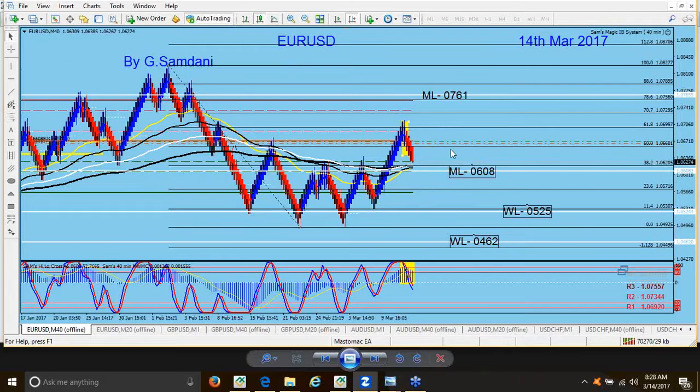You sit on a break even and just watch, just like Pound Aussie. Pound Aussie has probably gone 100 pips already, but Euro USD and Pound USD travel very slow. So I may have to hold these trades for a day or two to get 100 pips. These pairs are slow.